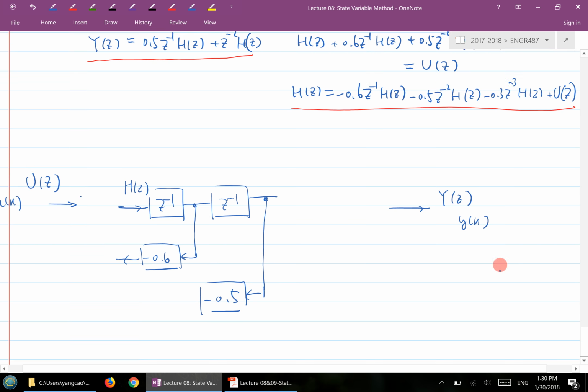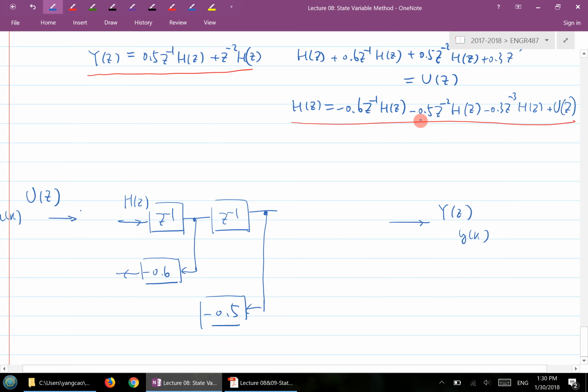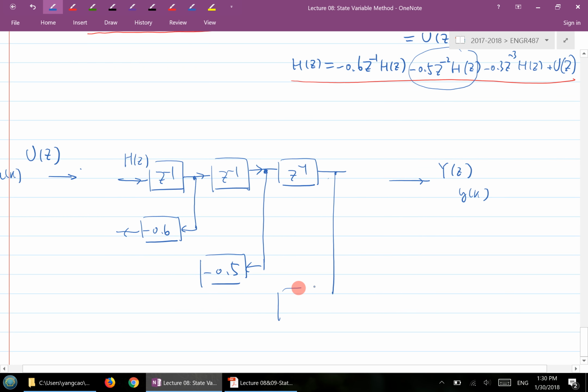So that'll give you this chunk right here. And another one here, you let it pass through another delay or register. So the output of this block, you can multiply with negative 0.3.